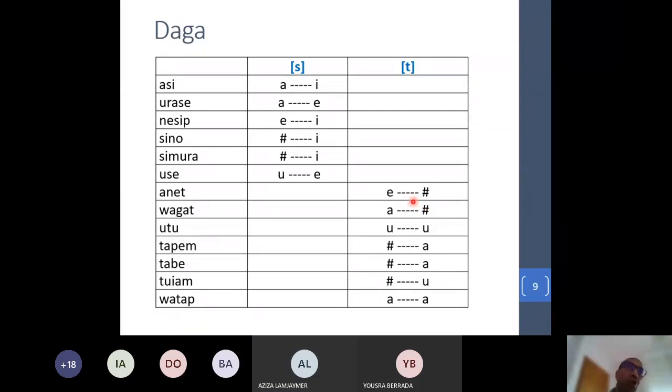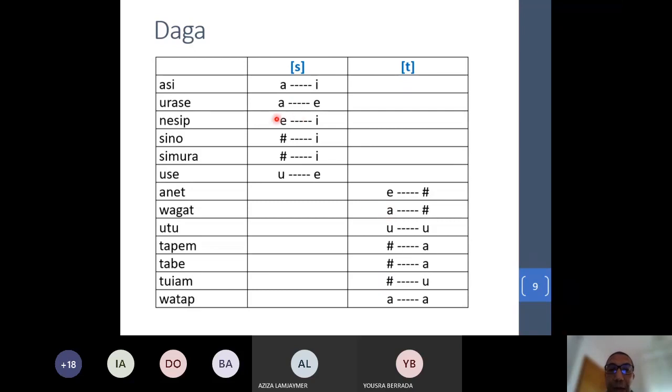Sometimes, if you are not happy with this hypothesis, you might have a look at the left environment and compare it. The left environments are similar. We have t occurring initially and s occurring initially. S occurs after a, and here it also occurs after a.